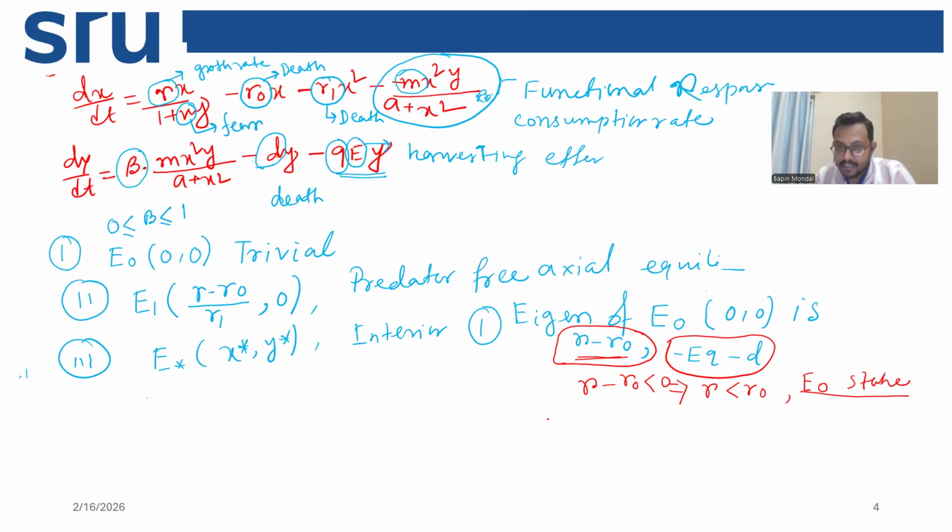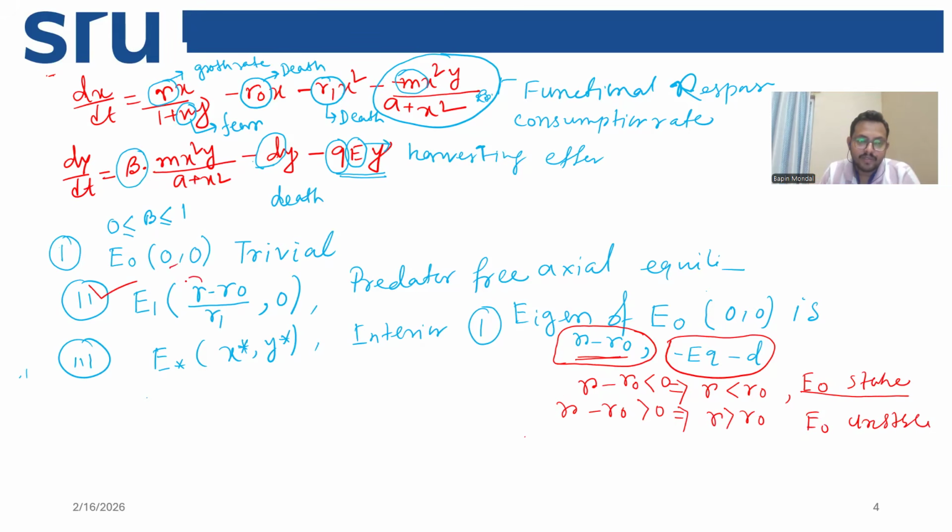If we consider R minus R0 greater than 0, that is, we assume R greater than R0, E0 is unstable. So here, look, the condition of stability and the existence of U1.